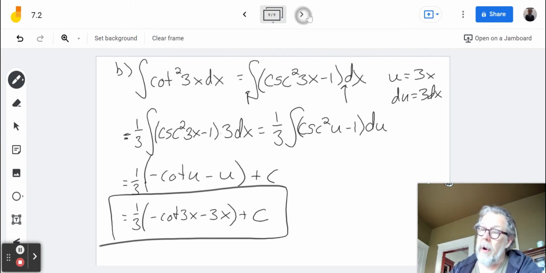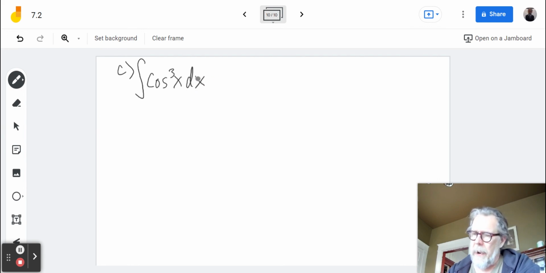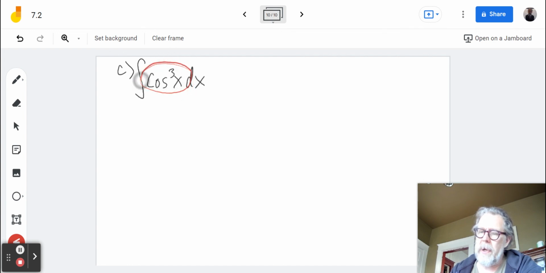All right, one more, and then this will be a slightly excessively long video, but we'll have 3 examples under our belts. The integral of cosine cubed x dx. Now, again, there's nothing inside the cosine that we would want to make into u, because putting a u in there makes no difference. If we make cosine cubed equal to u, well, then we've got a little bit of a problem.